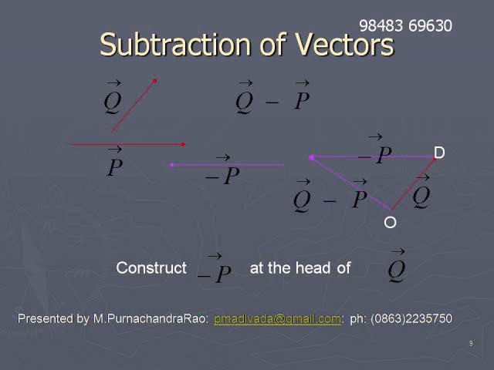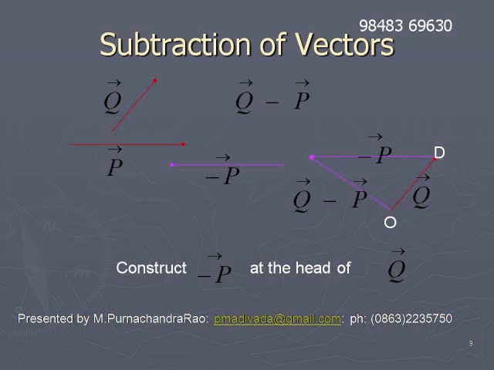So at the head of q bar, attach the tail of minus p bar. So minus p bar is constructed at the head of q bar. The tail of minus p bar is at D. Then the vector obtained by joining the tail of q bar and the head of minus p bar is q bar minus p bar.